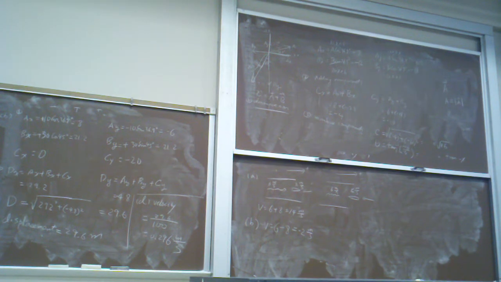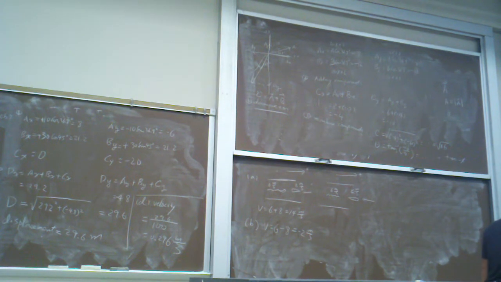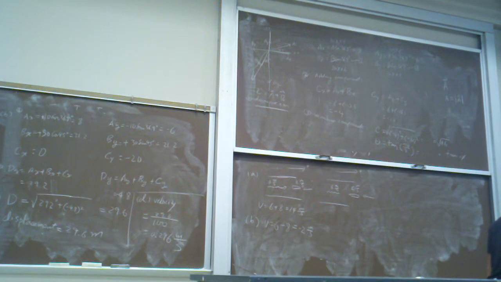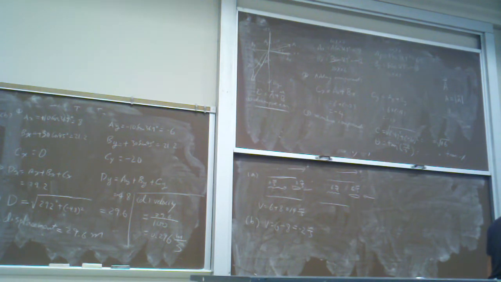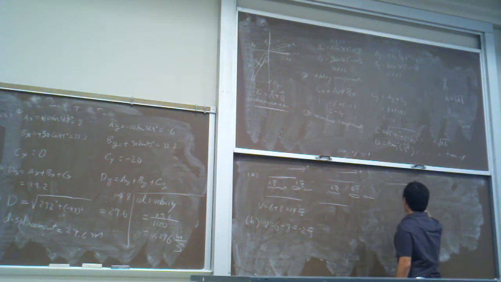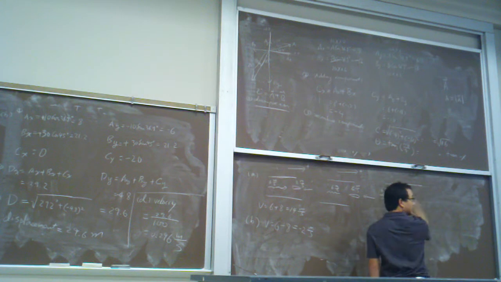Okay, part C. A boat moves at a speed of 6 meters per second relative to the water, and it is perpendicular to the direction of the water flow. What is the velocity of the boat relative to the ground? So the situation should be something like this. Water flows 6 meters per second, like this.